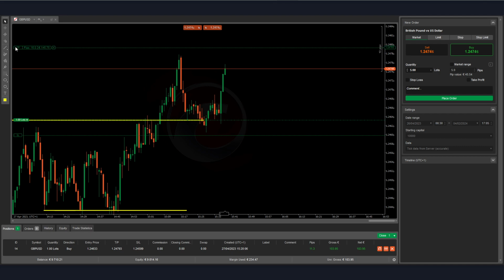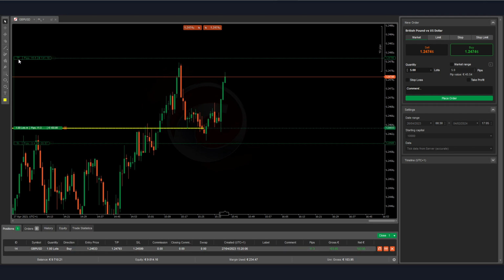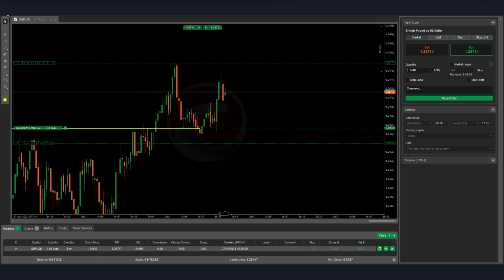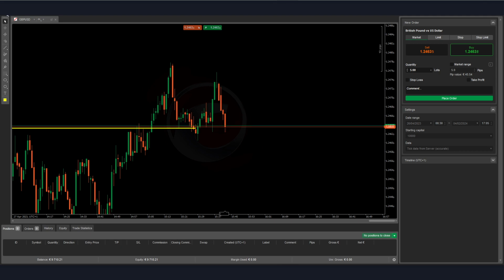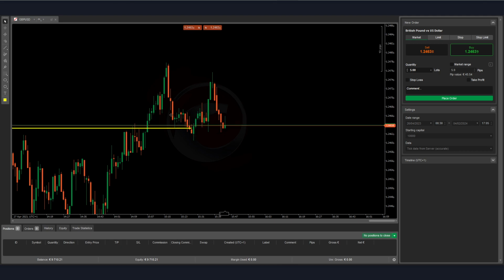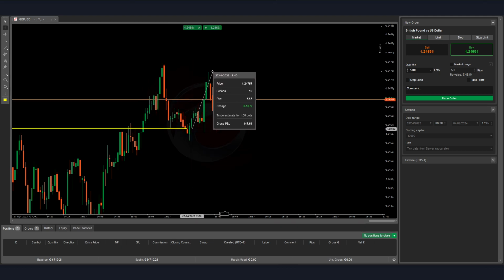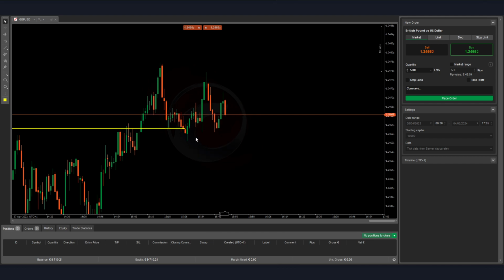Possibly even take it. Yeah, even take it over there. If it retests the previous highs, of course, stop loss now will be at break even. Yeah, and retrace all the way down. Would have gone to like 12 pips. But yeah.